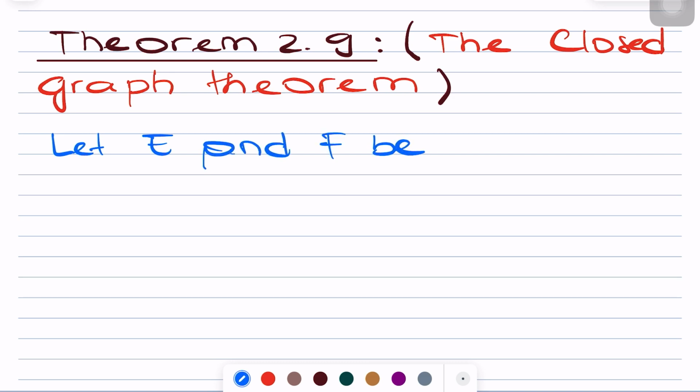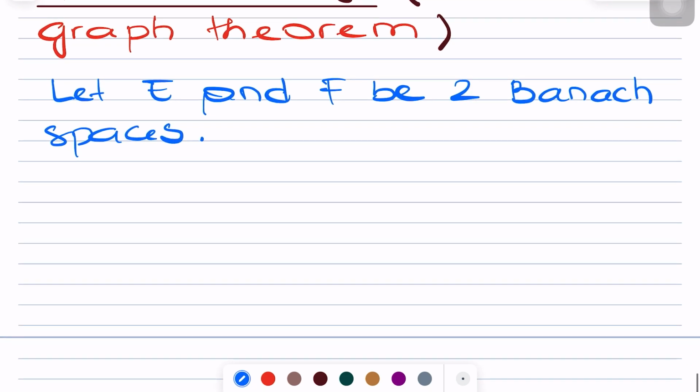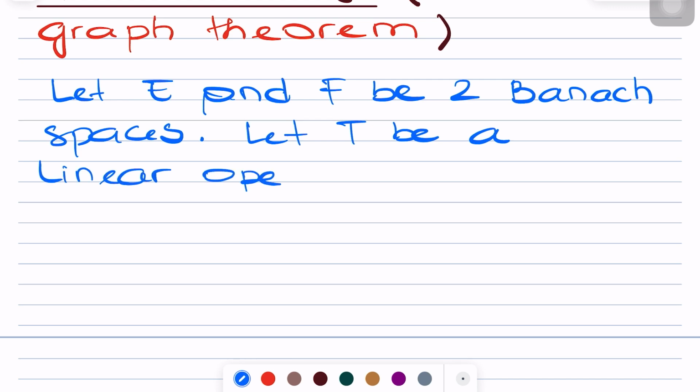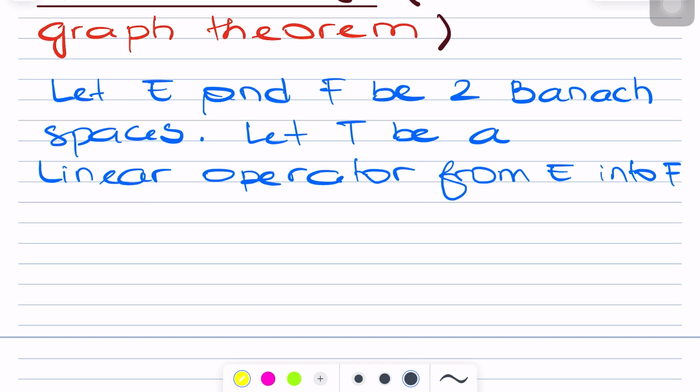Let T be a linear operator from E into F. Let me highlight linear because, as I said, linearity is crucial.